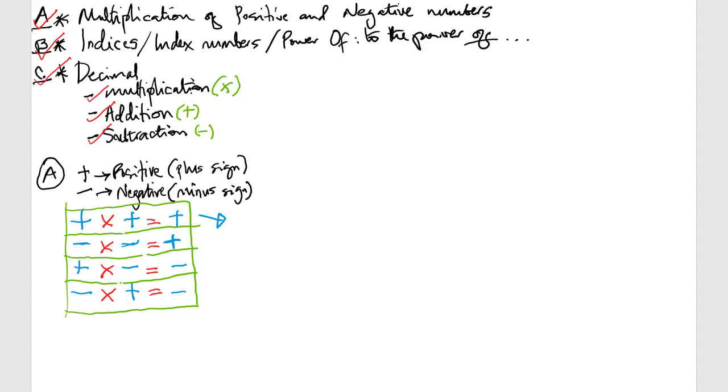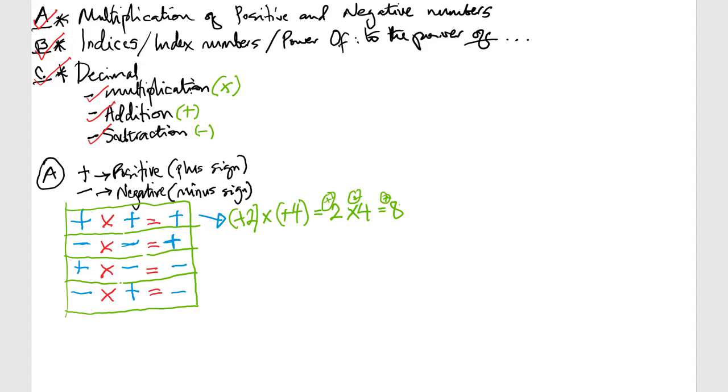We have two positive numbers, let's say plus 2 times plus 4. It can also be written as 2 times 4, which is equal to 8. So this 2 and this 4 and 8, they all have some invisible positive signs in front of them.